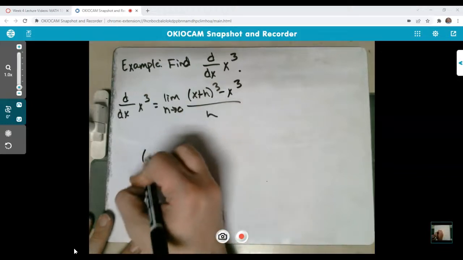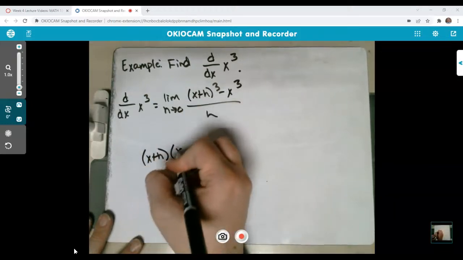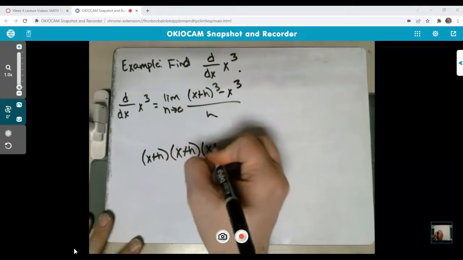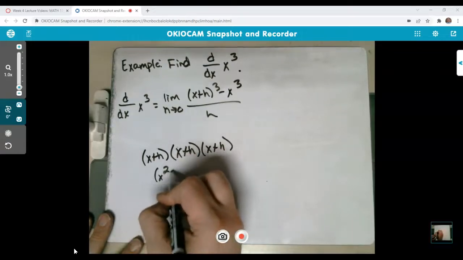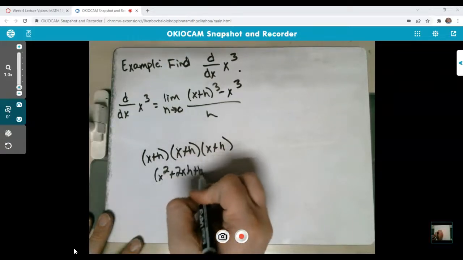And now work that out. x plus h to the third, let's figure out what that is. Well, I know x plus h times x plus h is x squared plus 2xh plus h squared.